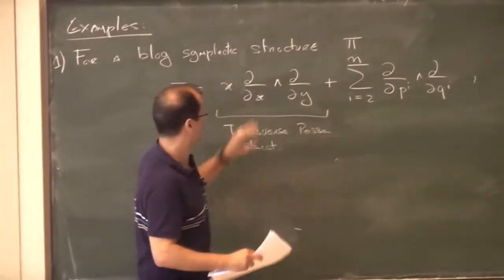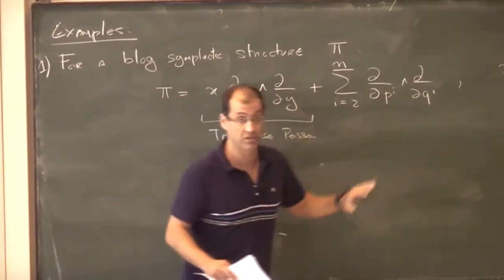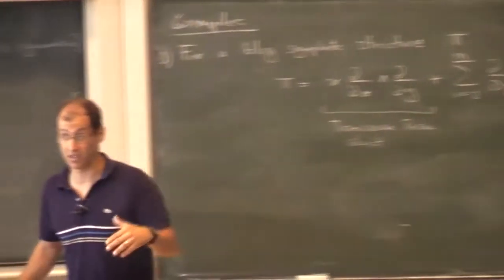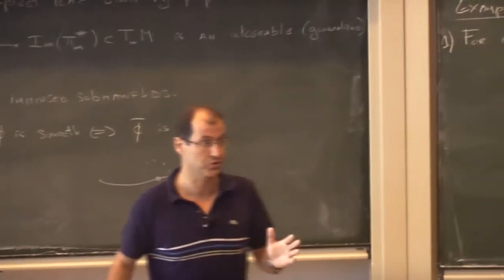So in this example, it's easy to describe what the transverse Poisson structure is. In general, it's hard.